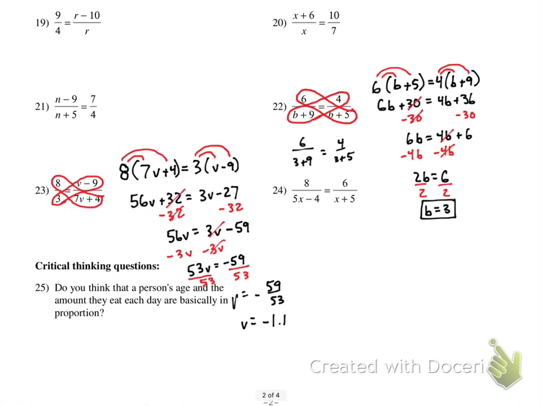And then if I evaluate that, it's going to be 6 over 12 equals 4 over 8. Do you guys agree that 6 over 12 equals 4 over 8? We can figure that out by either doing the division and seeing that it's 0.5 in both cases, or we could simplify the fractions and see that they're both 1/2.